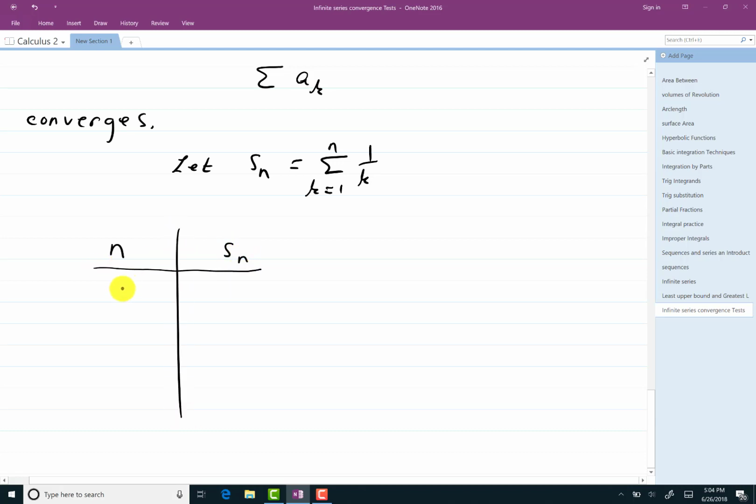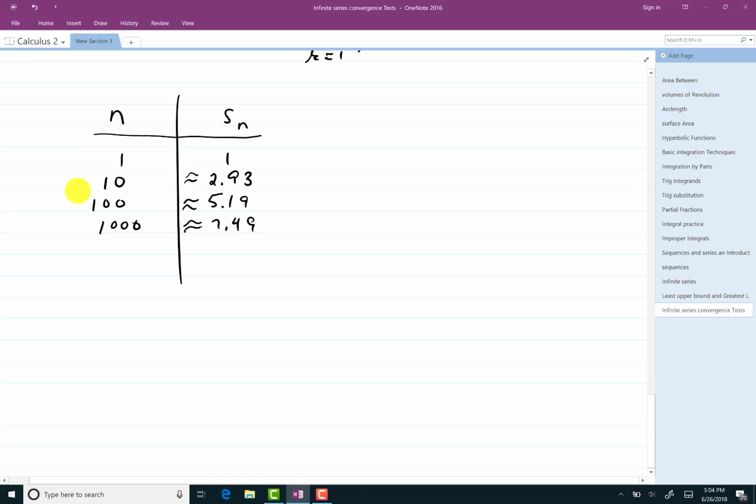So when n is 1, that certainly is 1. When n is 10, this is approximately 2.93. When n is 100, this is approximately 5.19. When n is 1,000, this is approximately 7.49. And when n is 10,000, this is approximately 9.79.